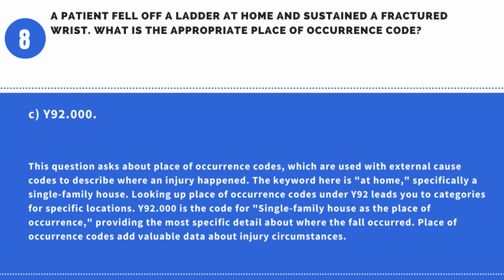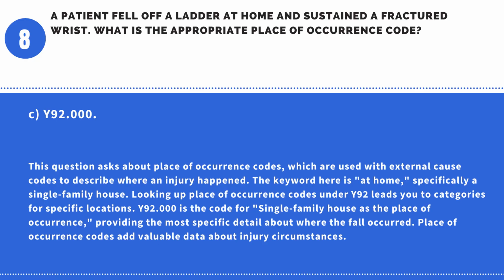Answer: A. V03.10XA. This question focuses on external cause codes, specifically for pedestrian transport accidents. The keyword is struck by a car while crossing the street, pedestrian. Category V03 in ICD-10-CM is for pedestrian injured in collision with car, pickup truck or van.